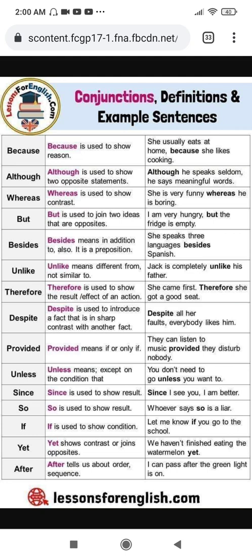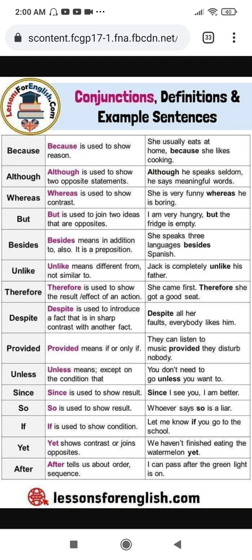Although is used for referring to unusual happenings, unusual matters. So because and although, read these two examples again and I hope you will get the inner meaning of these two conjunctions.